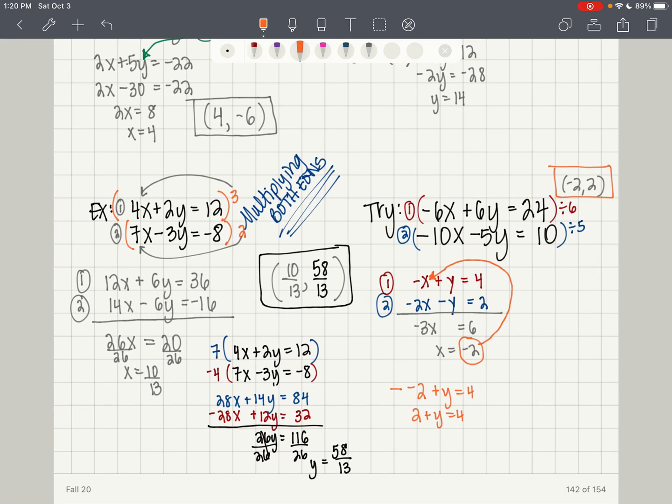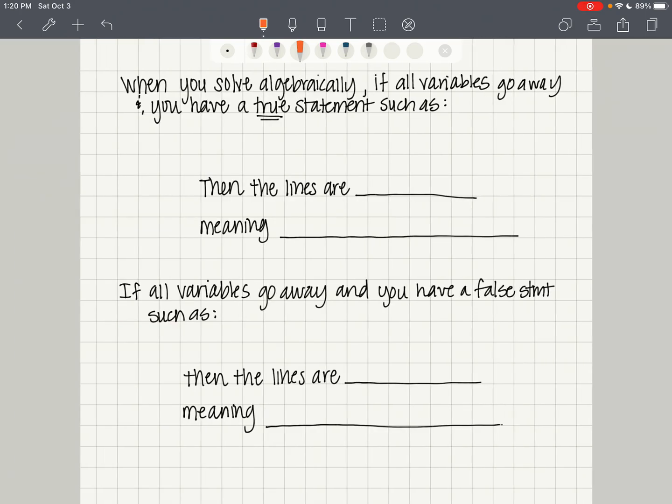Now let's summarize what happens when we have infinitely many solutions and no solution.